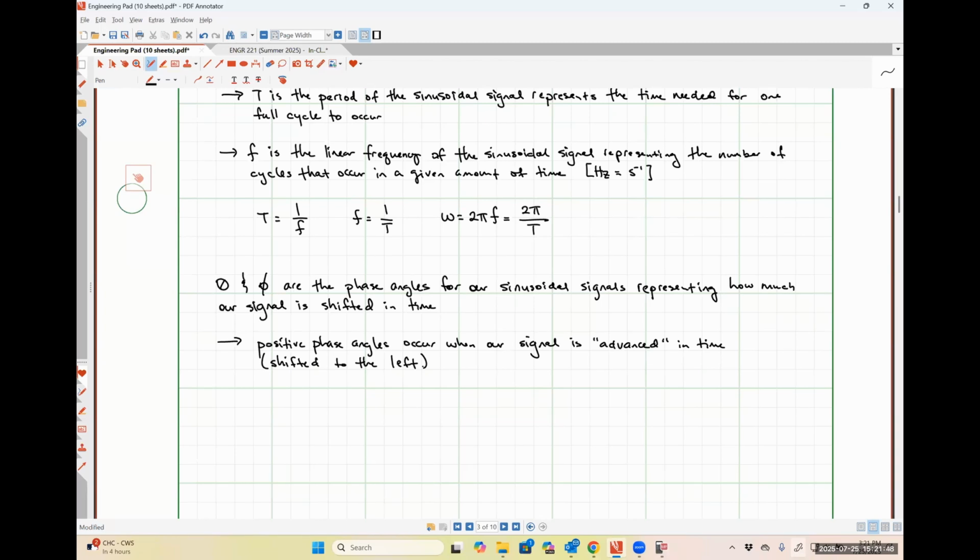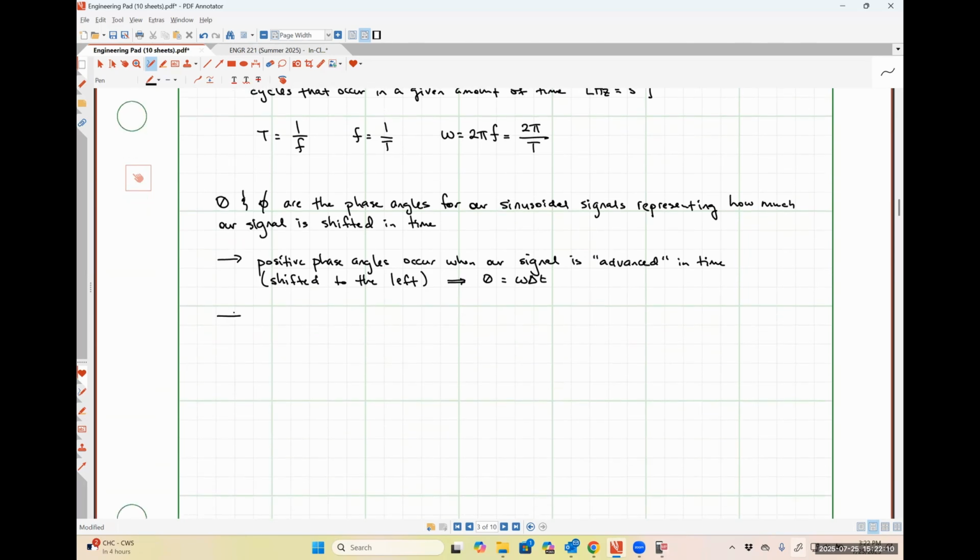Okay. And that phase angle, I'm just going to do it in terms of theta, is going to look like omega times the amount of time shift that has occurred. Okay.